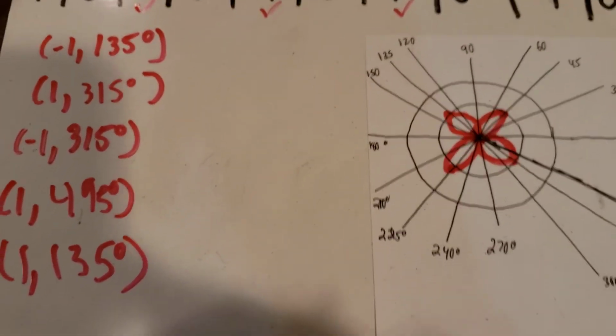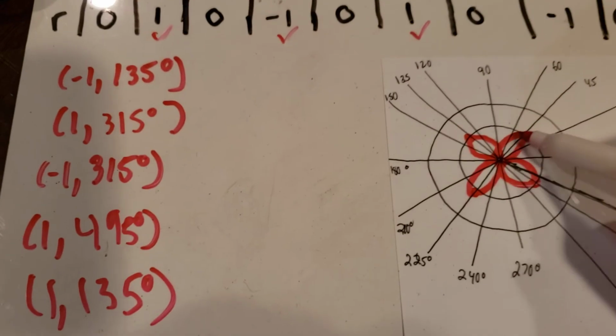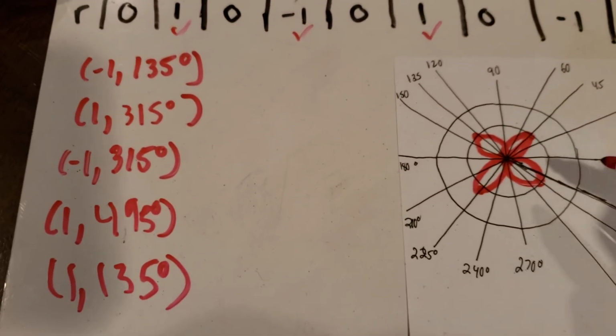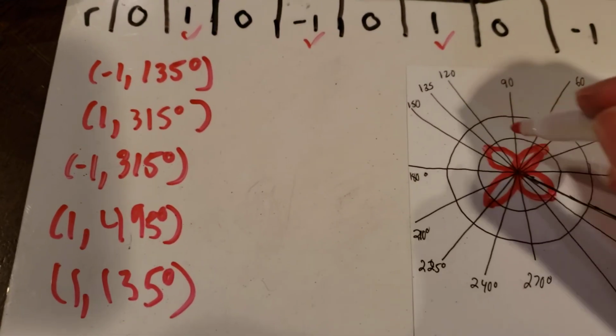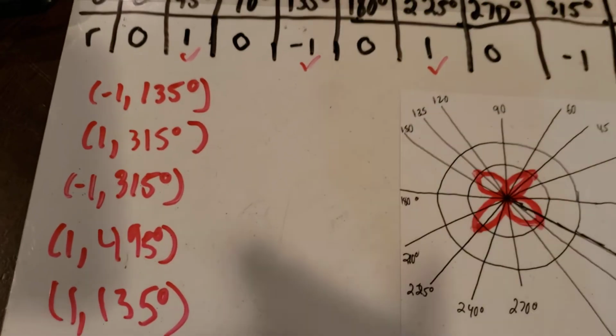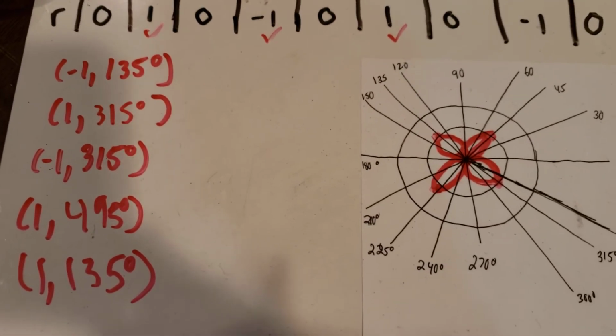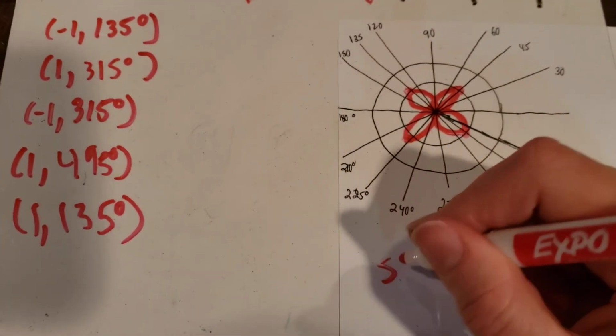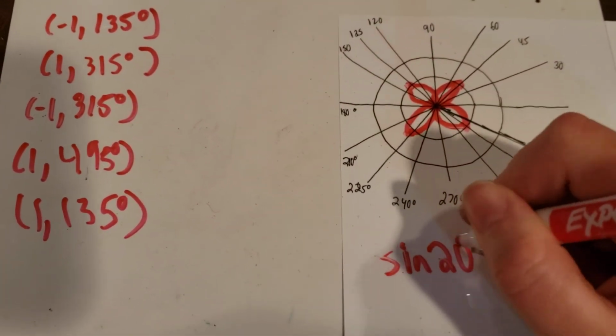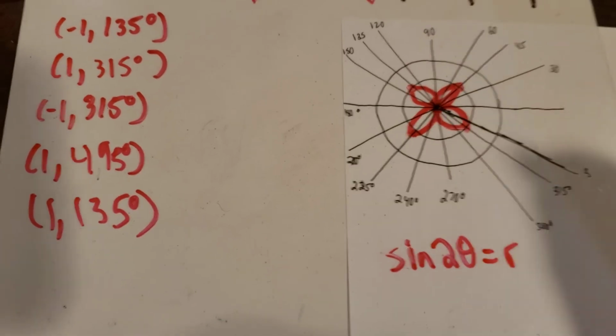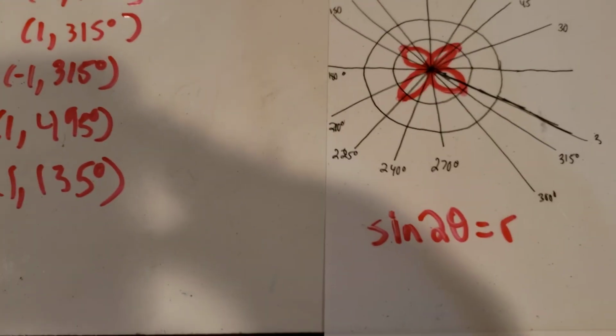So notice, the largest length of the petal is 1. And you hit the largest length of the petal at those values that gave you 1 and -1. That is your rose for r equals sine of 2 theta.